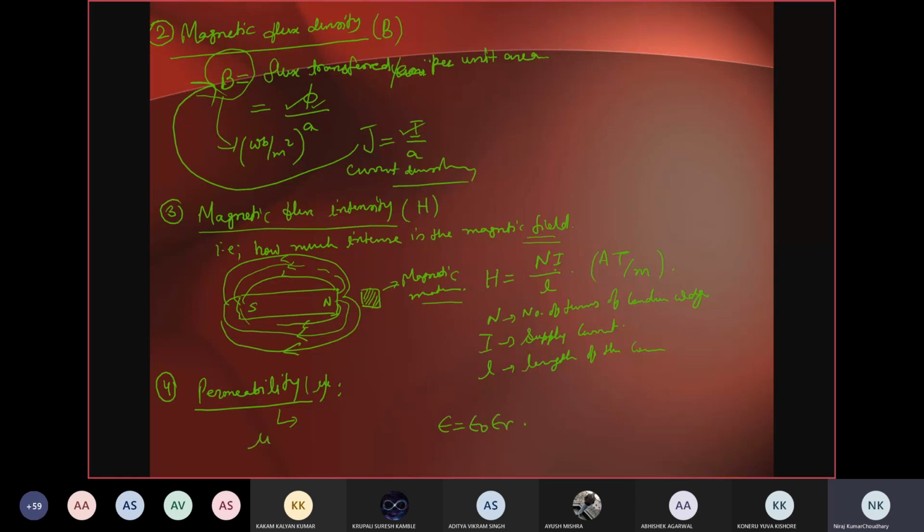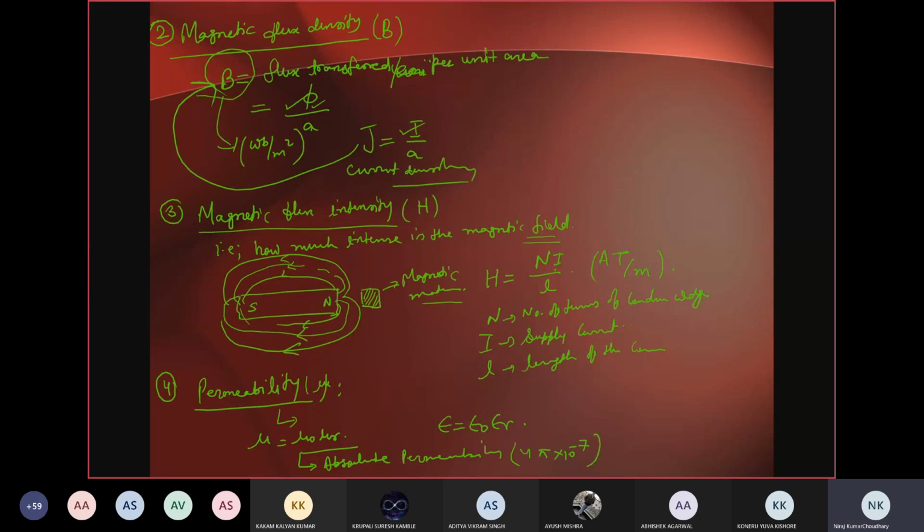In a magnetic circuit you have permeability, represented by mu, which is equal to mu naught mu r. Here mu naught is the absolute permeability, which is equal to 4 pi into 10 to the power minus 7.